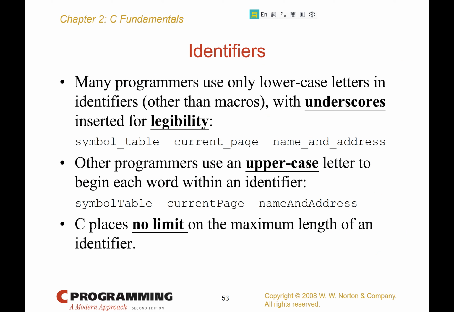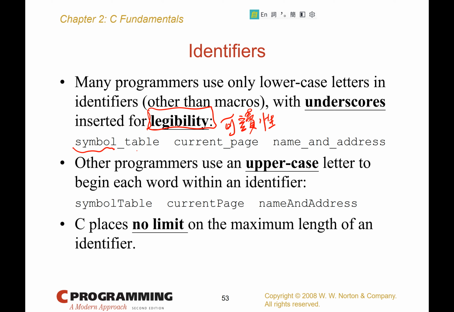Now, for legibility, which in Chinese means 可读性, meaning easier to read, there are two kinds of convention normally used by programmers. The first one is to connect or concatenate words by underscores.